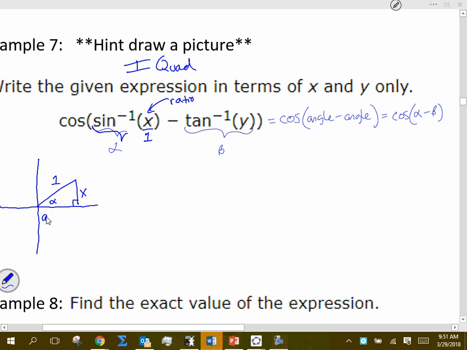We'll call this side A. Once you guys agree that a squared plus x squared is equal to 1 squared, then a would be 1 minus x squared, and obviously we take the square root. So our adjacent side, and you'll see why we need to do that here in a moment, our adjacent side there would be the square root of 1 minus x squared.